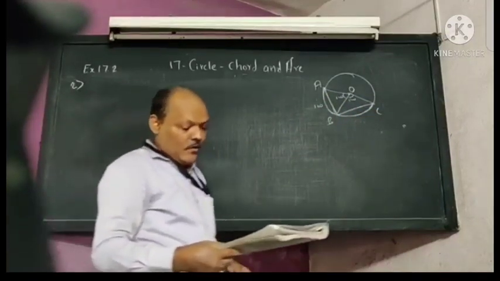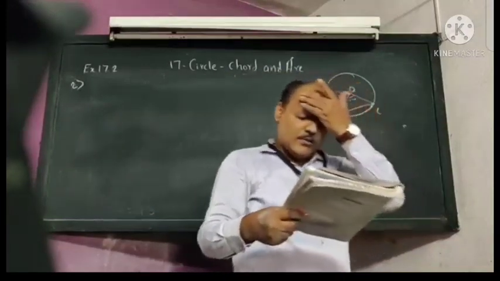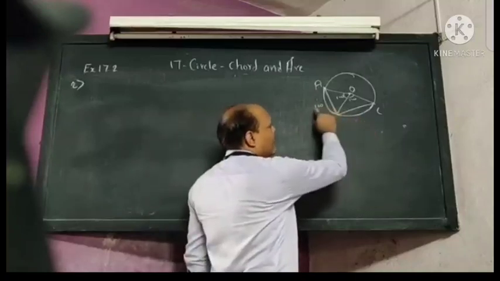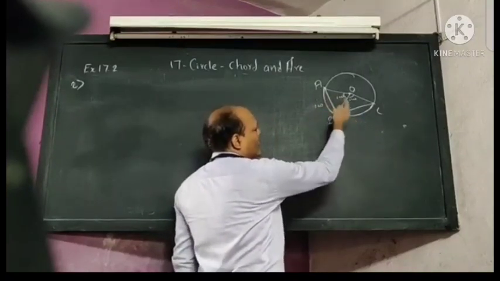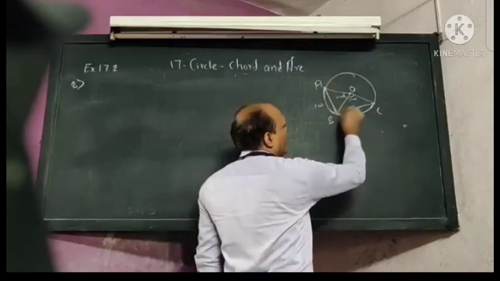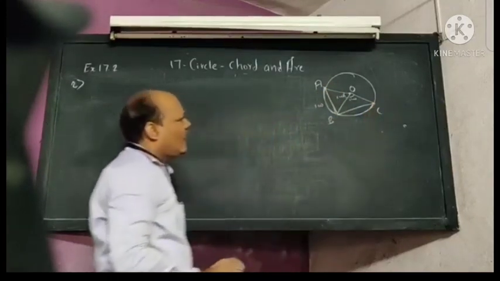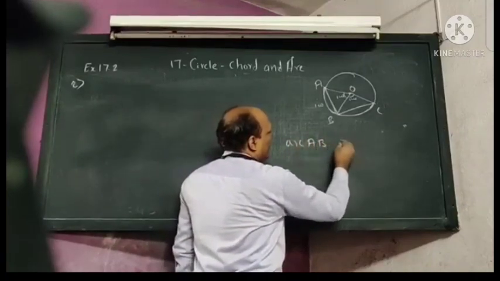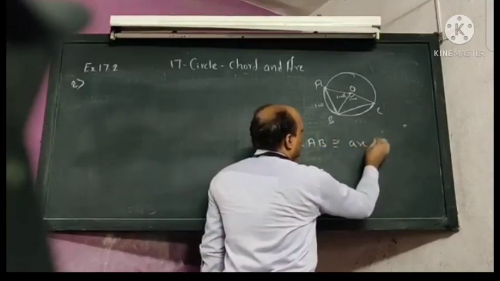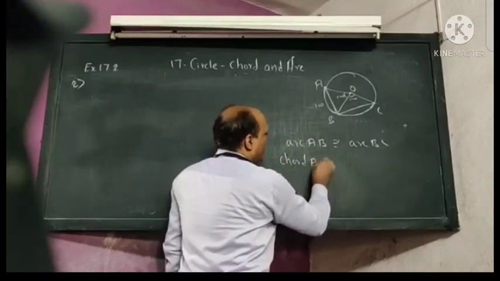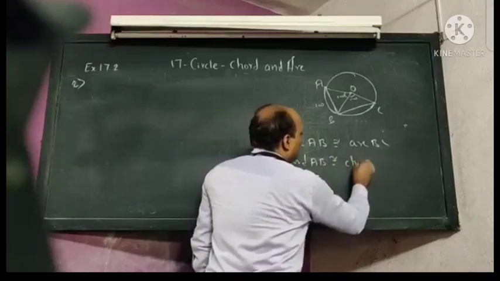In the note you can see that the chords corresponding to congruent arcs are congruent. That means if these two arcs are congruent, then the chord AB will be congruent to chord BC. If arc AB is congruent to arc BC, then chord AB is congruent to chord BC.